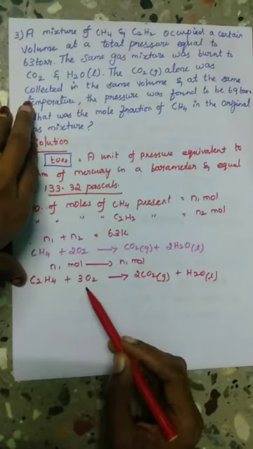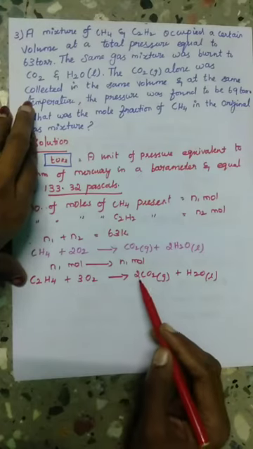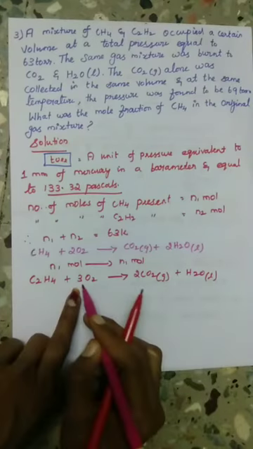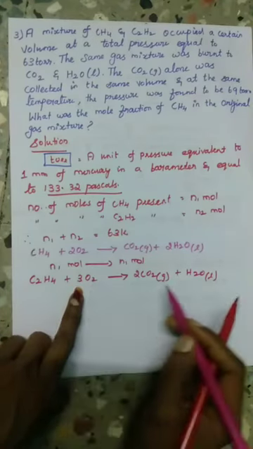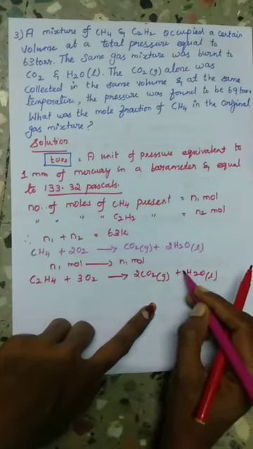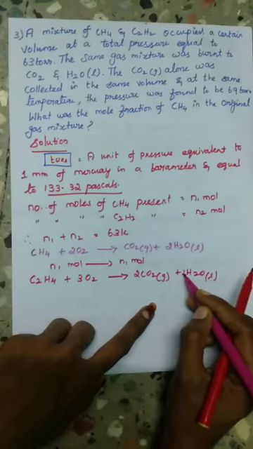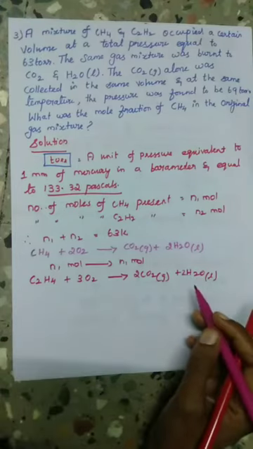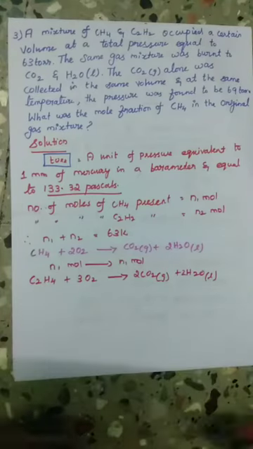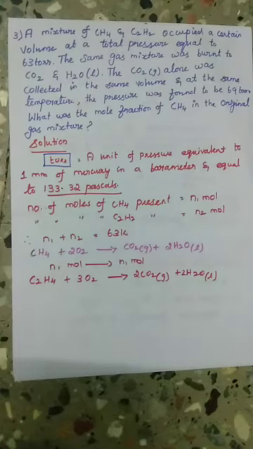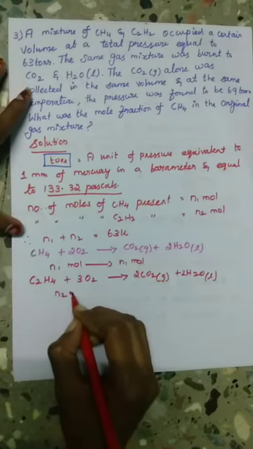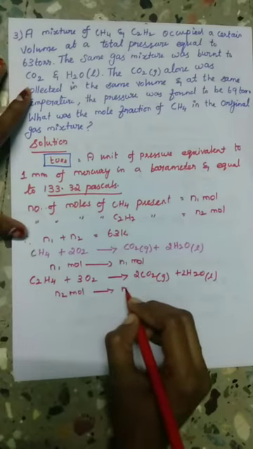For oxygen, 6 and 4, so here the equation is not balanced. To balance the equation, I put 2 here, so oxygen is balanced now. And next hydrogen, here hydrogen is 2 and here 2. So now the equation is balanced. So for this also, N2 mole gives 2N2 mole.